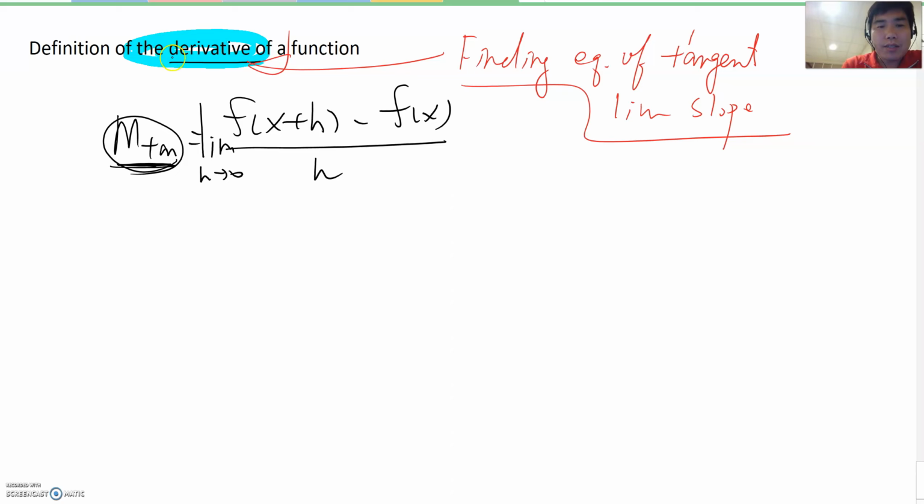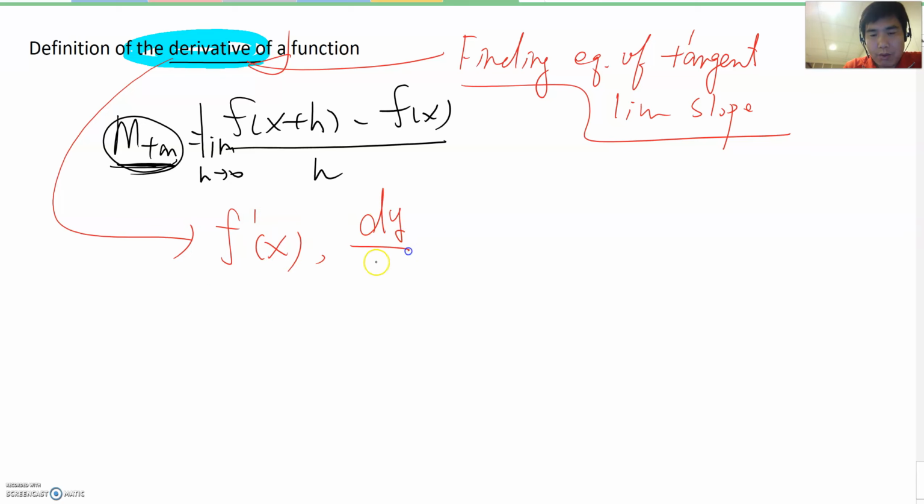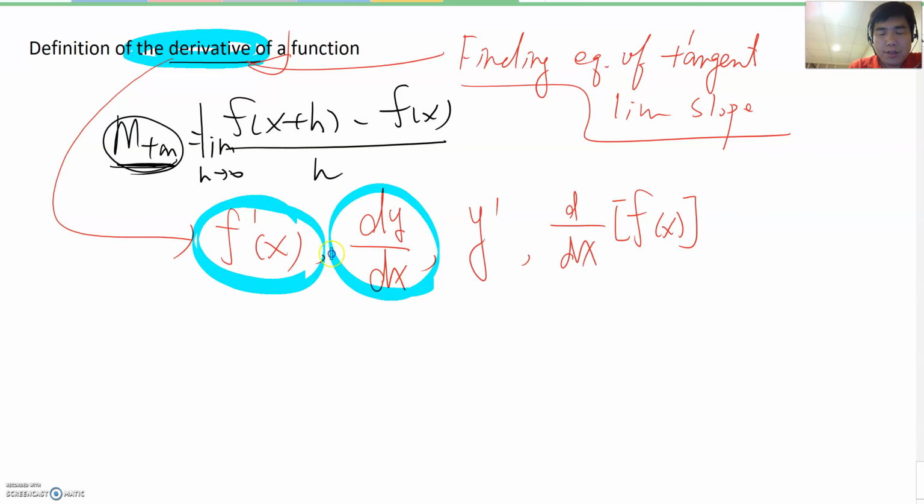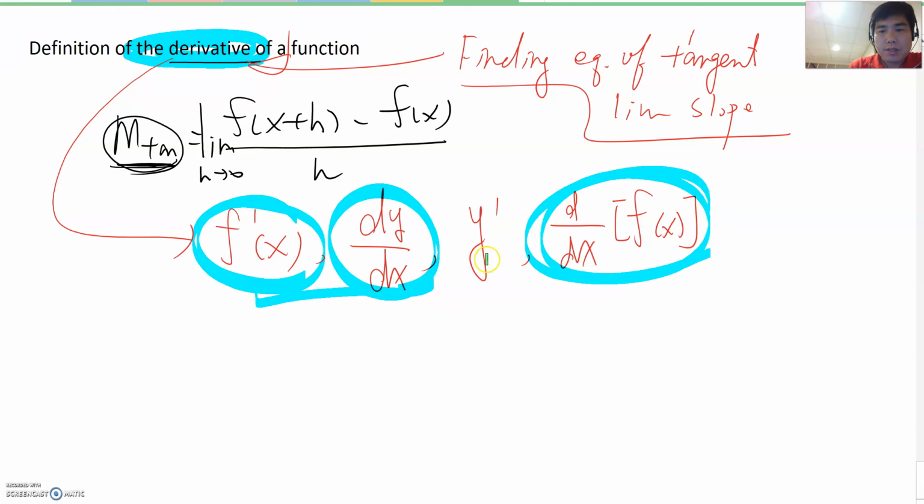And then it has many different ways to indicate. First of all, I can write f prime x, and then we can also say dy over dx, and sometimes it's given as y, then you can also see y prime and d over dx of f(x). We will use mostly these notations, and in a few cases this one.